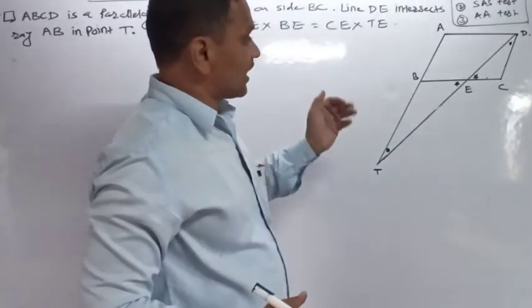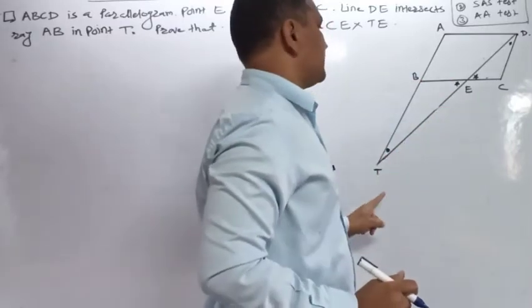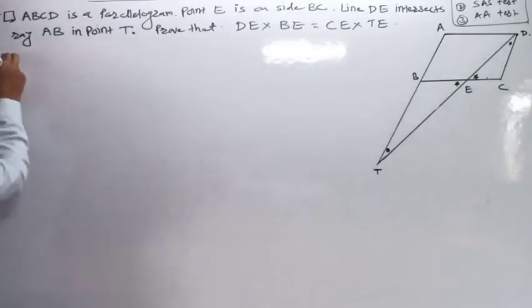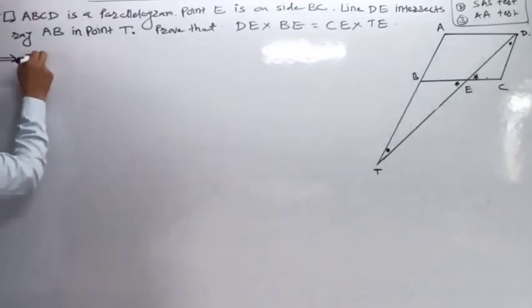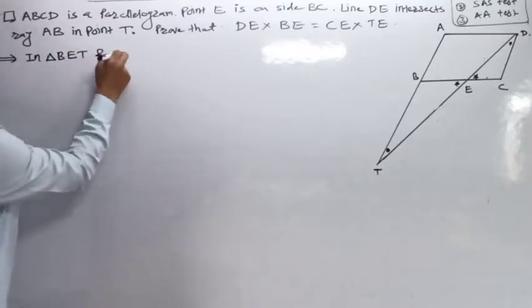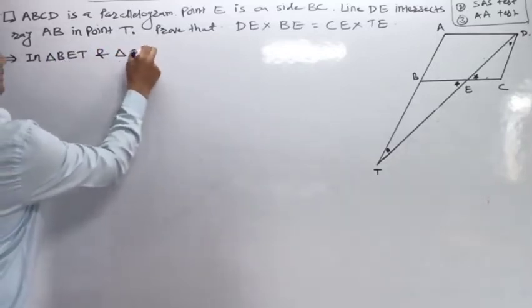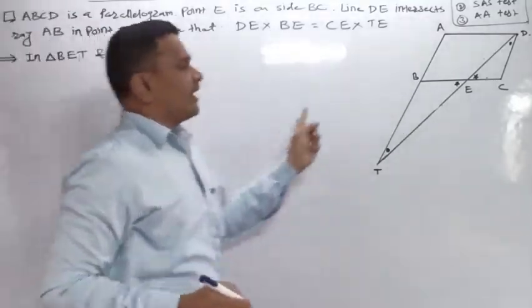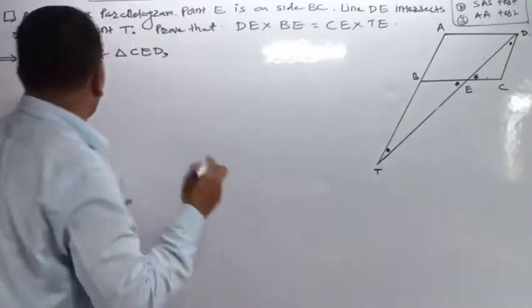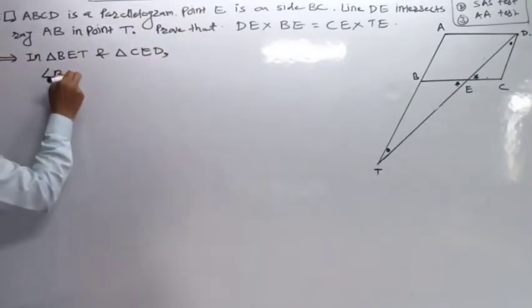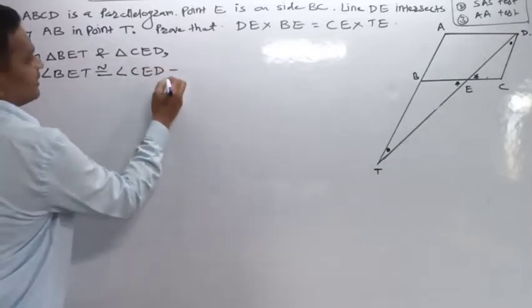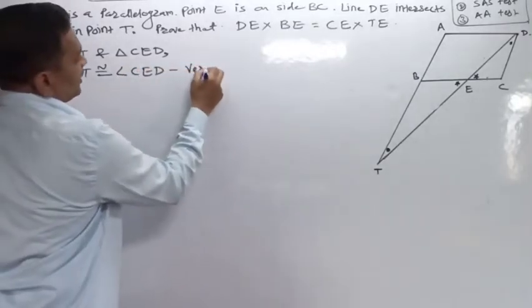Now I am going to write in triangle BET and triangle CED. Angle BET is congruent to angle CED, vertically opposite angles.